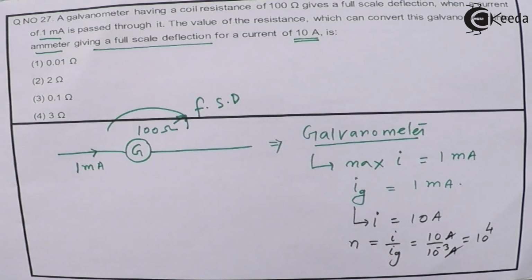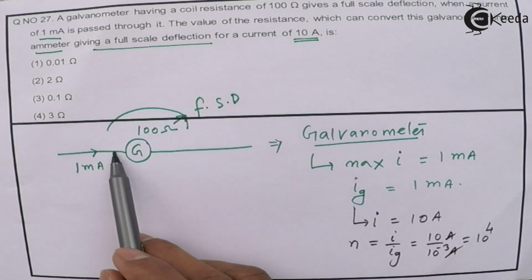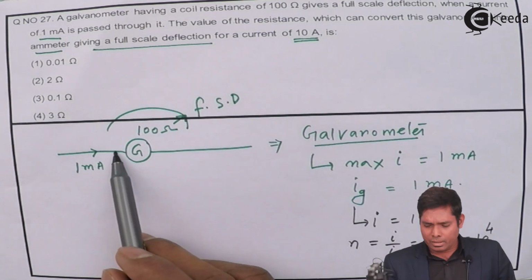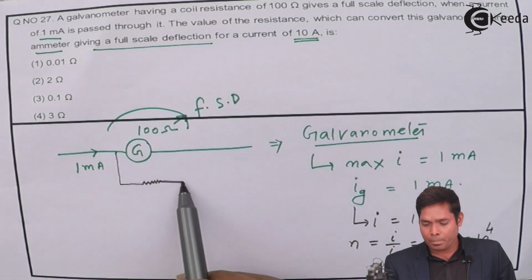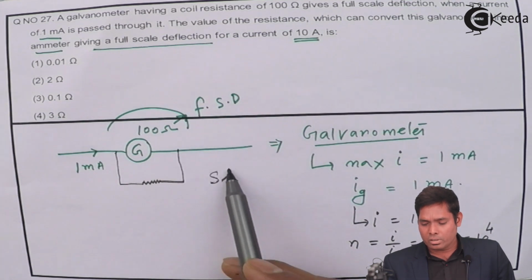If you want to convert the galvanometer into an ammeter with a range 10,000 times the maximum current, then we have to have a certain arrangement that we already know. If I connect a low resistance in parallel with this galvanometer, that is called a shunt.